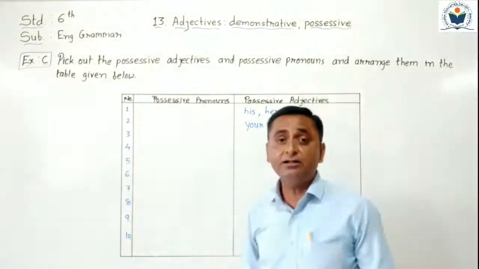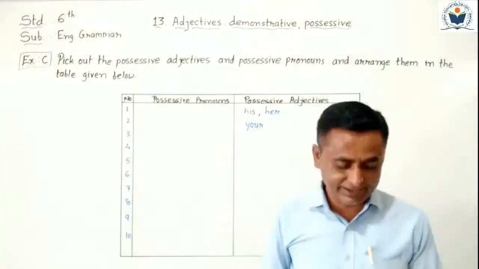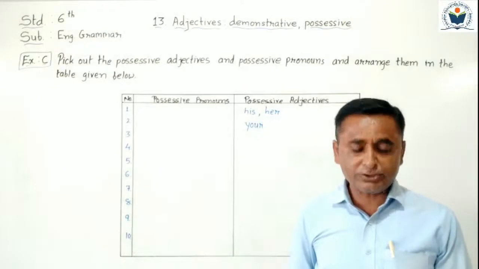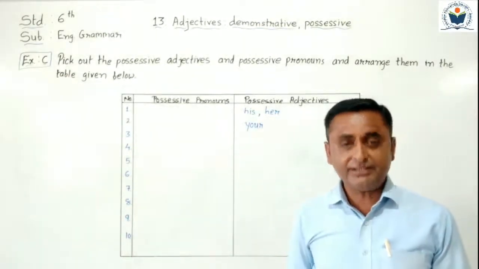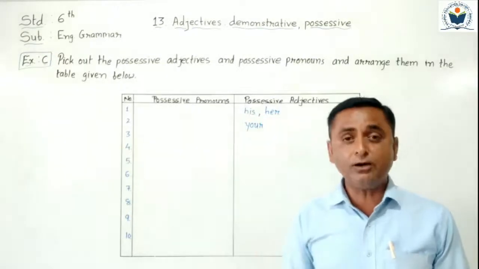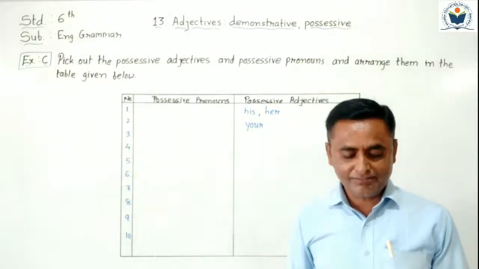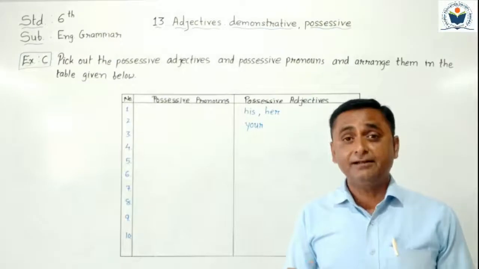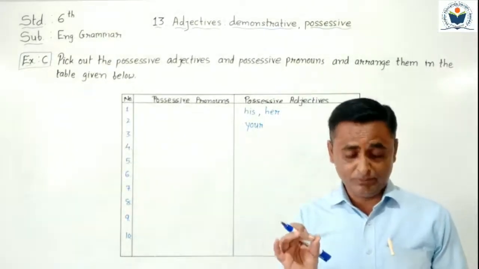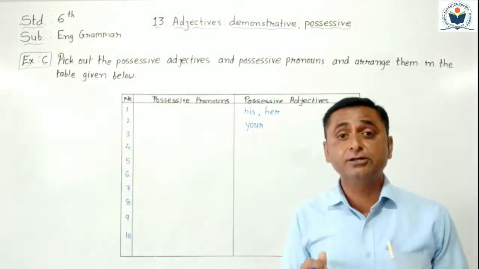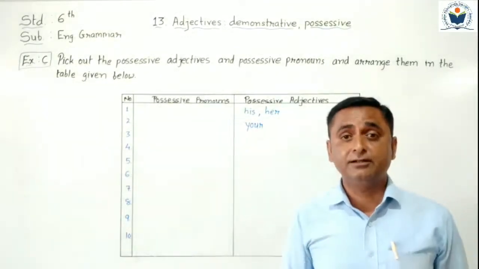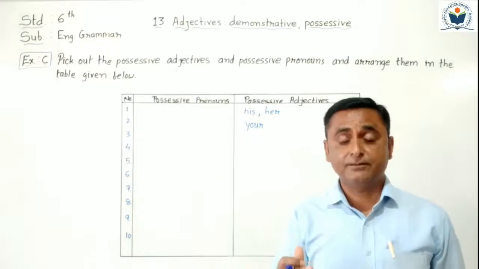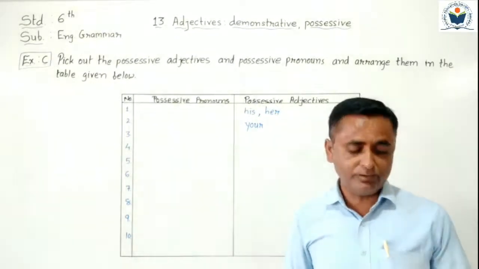Now the third sentence we have to see. Third sentence: this house belongs to us. You are welcome here. From that we can find one possessive form given here: us. But after us, no noun follows.